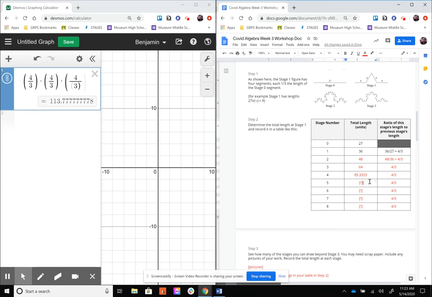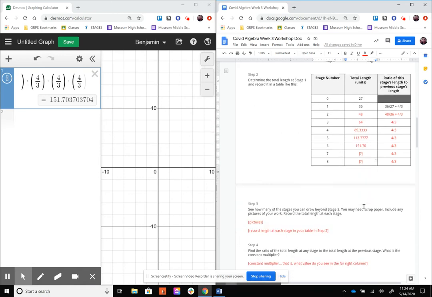113.7 repeating. Let's keep going. And then 151.70, we'll round it. I'm going to leave 7 and 8 for you to do those multiplications.